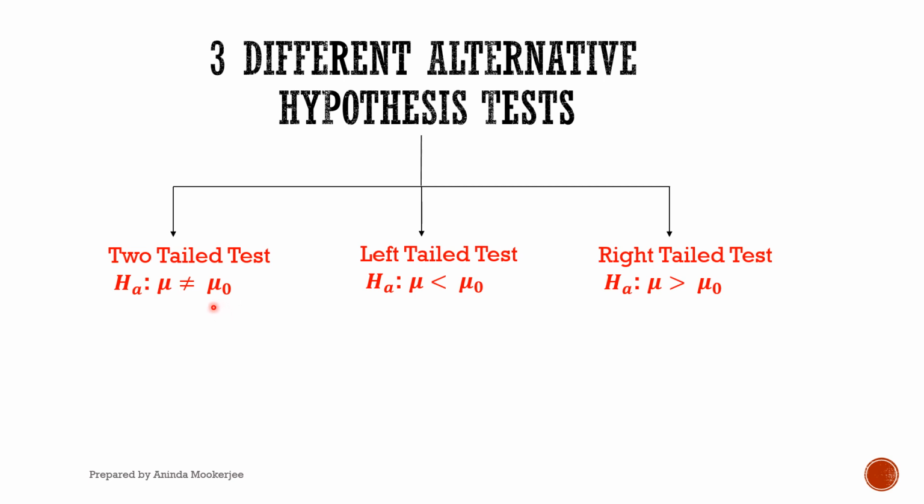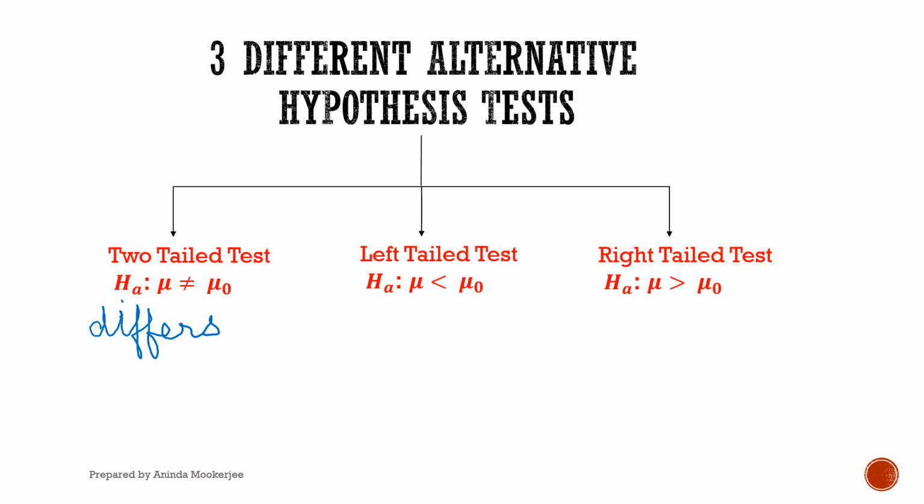So we don't know whether the correct population mean is less than the null hypothesis mean or greater than it. All we know is that it is not equal to the population mean. In other words, it differs. We think that the correct population mean is different from whatever the null hypothesis mean claims to be.